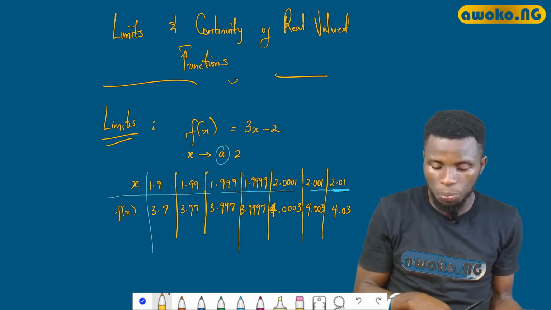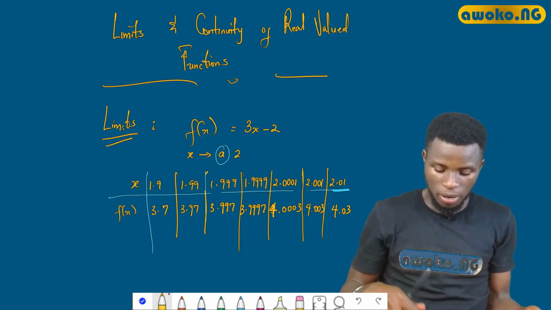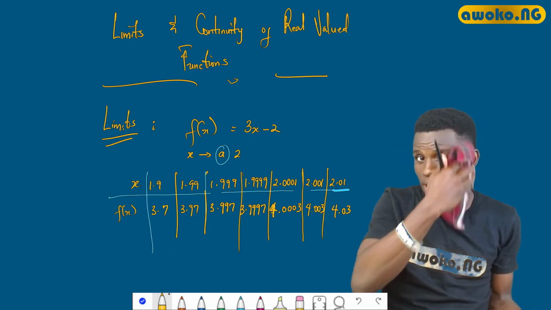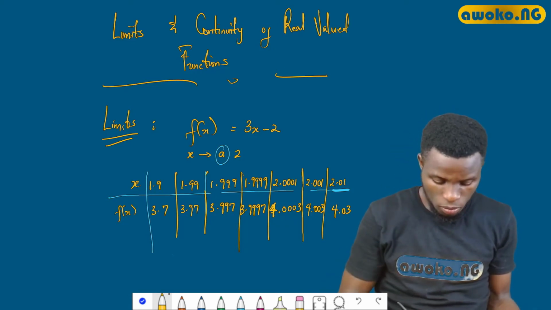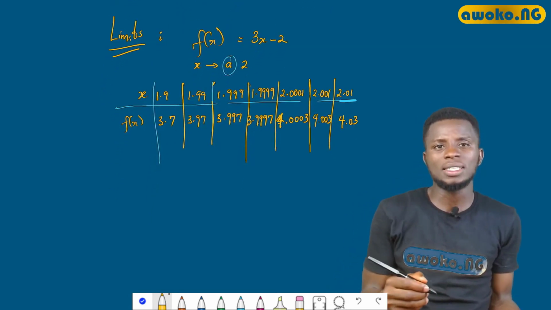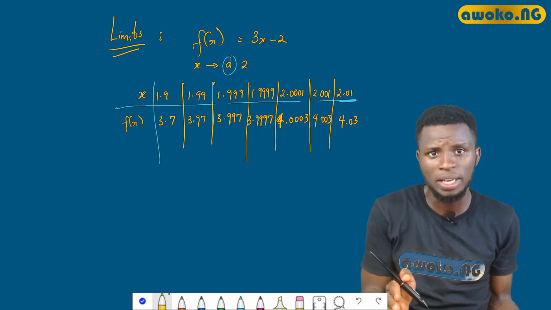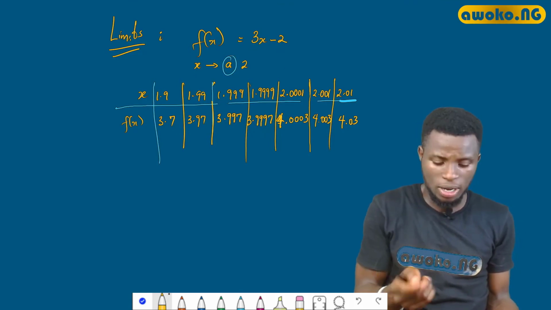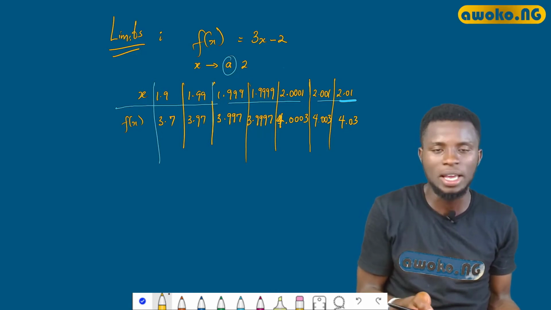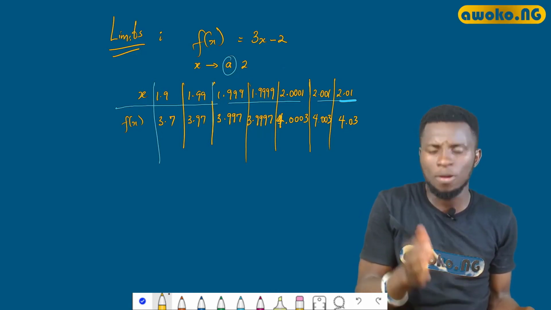So we're able to compute the value of f of x for this particular function, and this is what we have. One of the things you will observe here is that as the values of x approach 2, the value of the function f of x, in this case 3x minus 2, gets closer to the whole number 4.